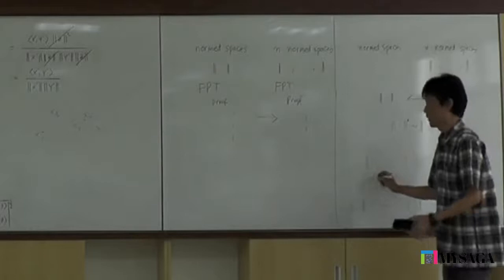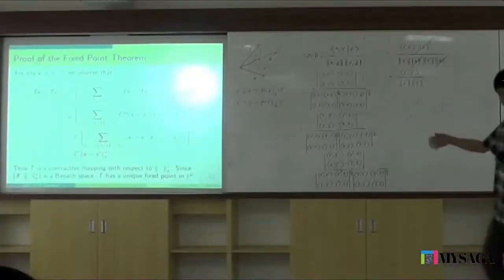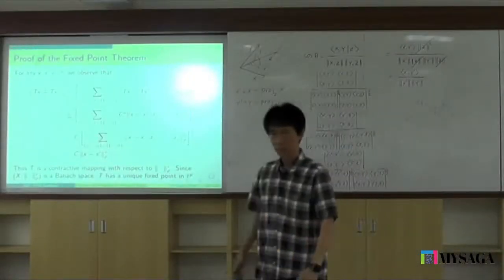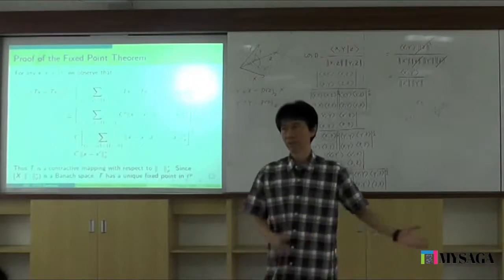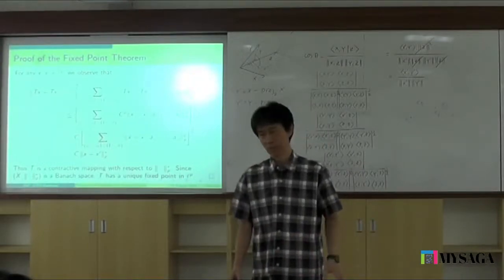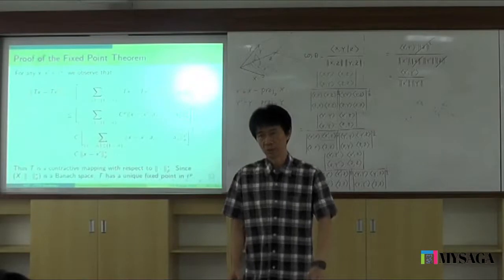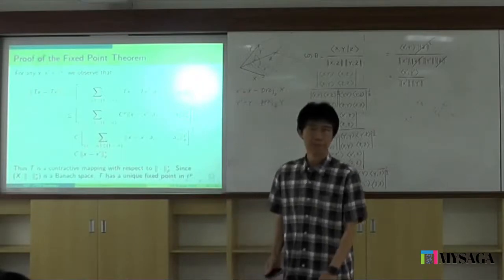And then I go back here to the Hadamard type inequality. So I sometimes use this diagram to prove, for example, Cauchy property, completeness, and so on and so on. Okay.